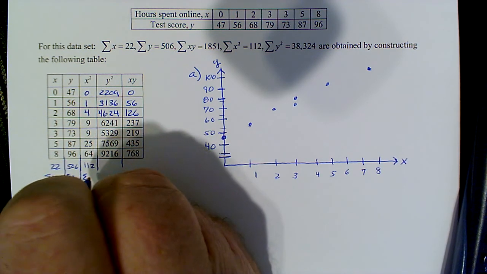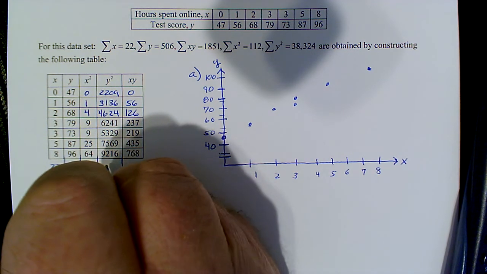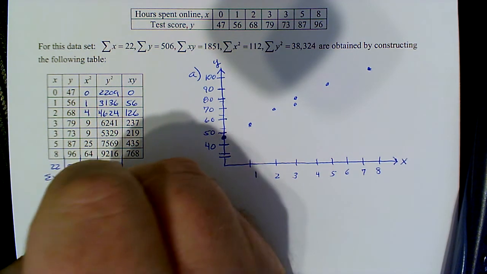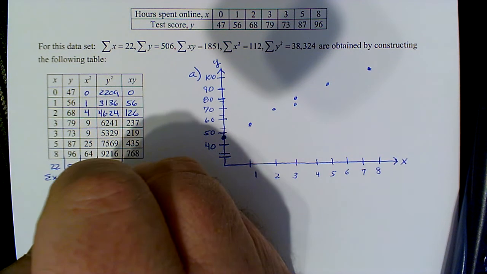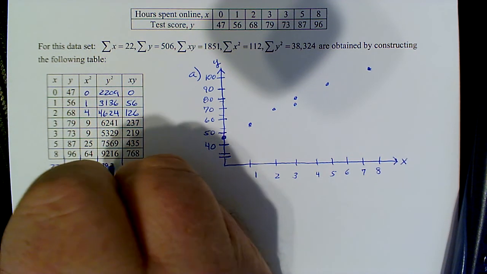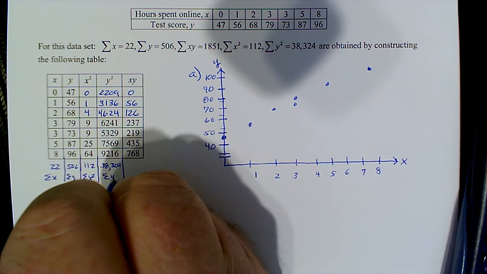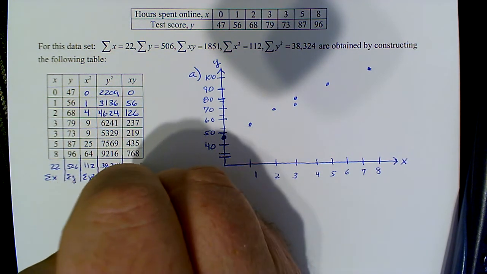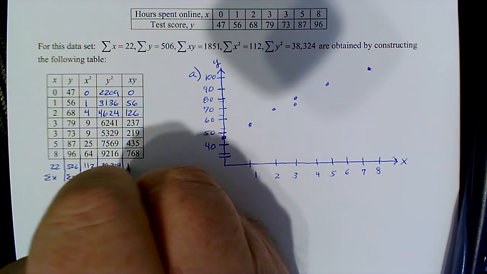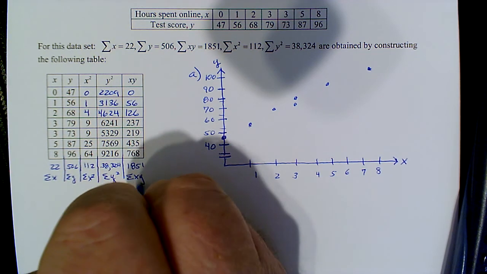That's the sum of the x squareds. Add the fourth column, 38,324. That's the sum of the y squareds. And then add the final column, 1851, and that's the sum of the xy's.